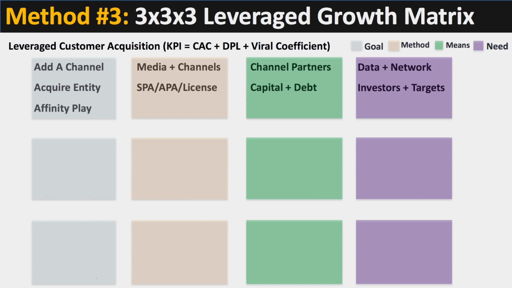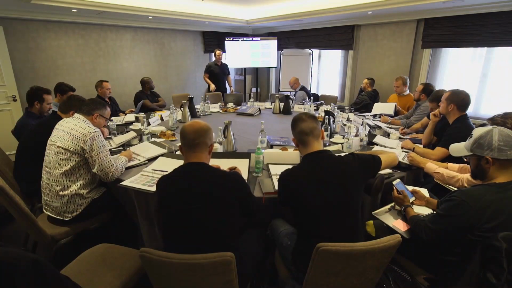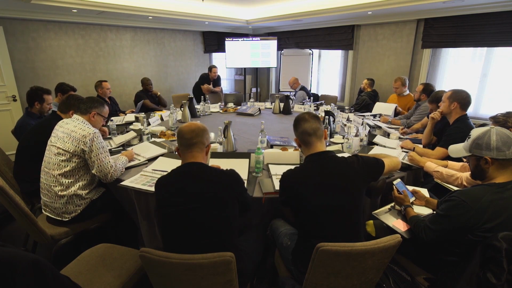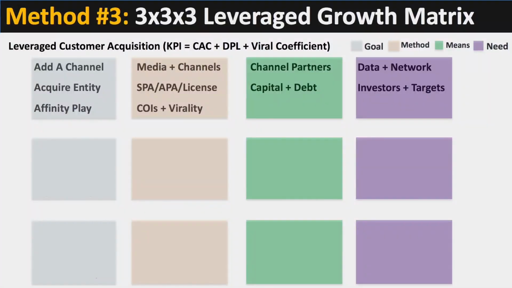Affinity Plays are basically influencer type deals, but we're looking for centers of influence. So who already has the customers that you want? When I go through the onboarding for our war room, for our masterminds, the biggest breakthroughs that I think people have is when we start to say, who already has large swaths of your existing customers?